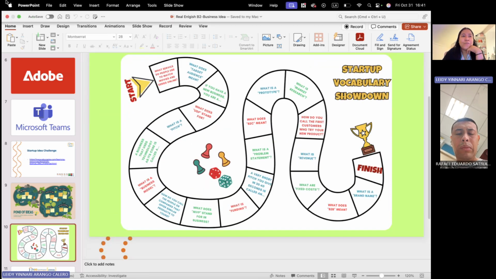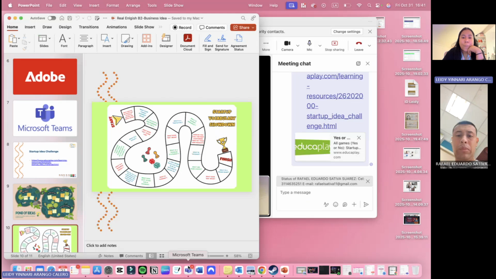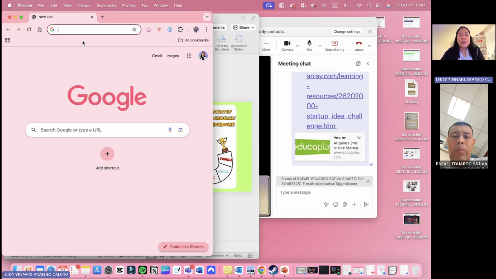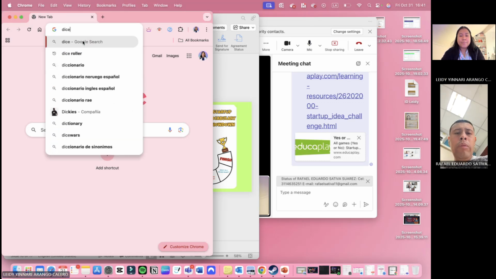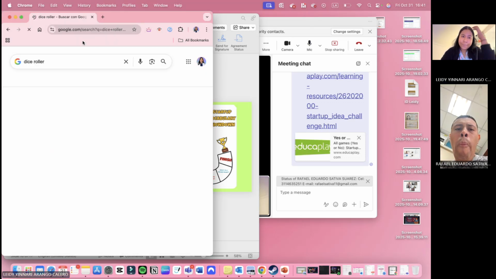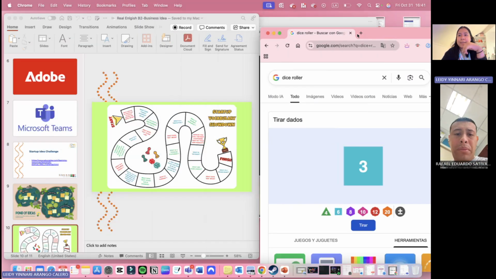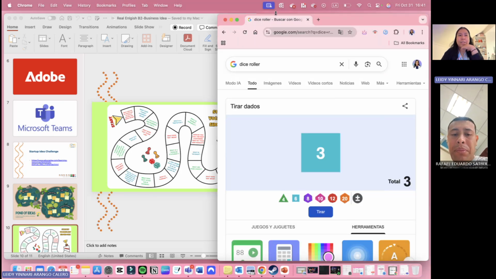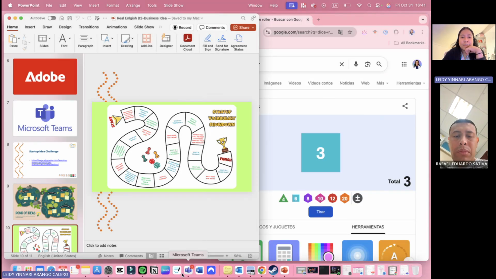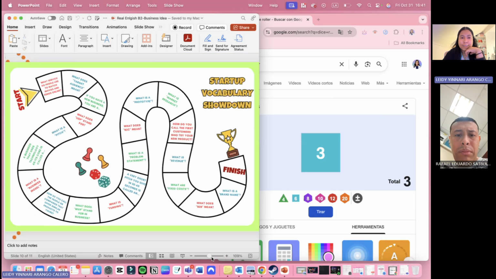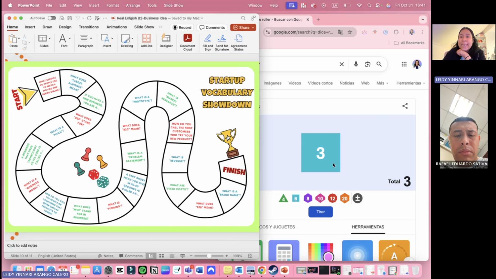To play it before we finish, I'm going to open a dice roller here and put it like this, maybe a little bit bigger. Is it clear for you? Yes. Okay, that's good. The idea is that I'm going to roll the dice, and depending on the number, I'll ask you a question about what we just learned.